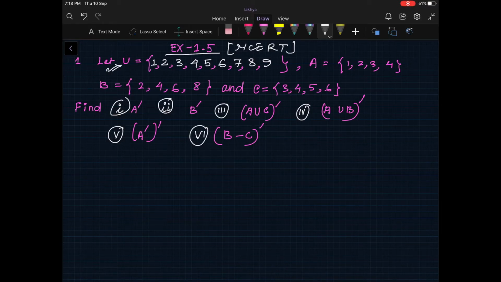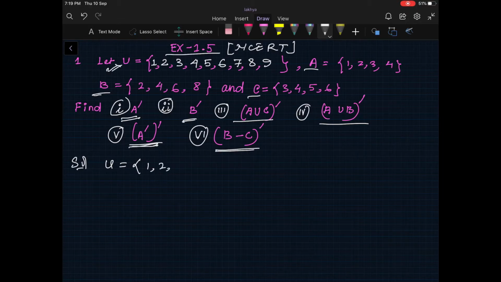Here universal set U is given for the sets A, B and C. Okay, so we need to find A complement, B complement, complement of A union C, complement of A union B, complement of complement of set A, then complement of B minus C. Okay, so let me show you how to find it. First, write the given sets.